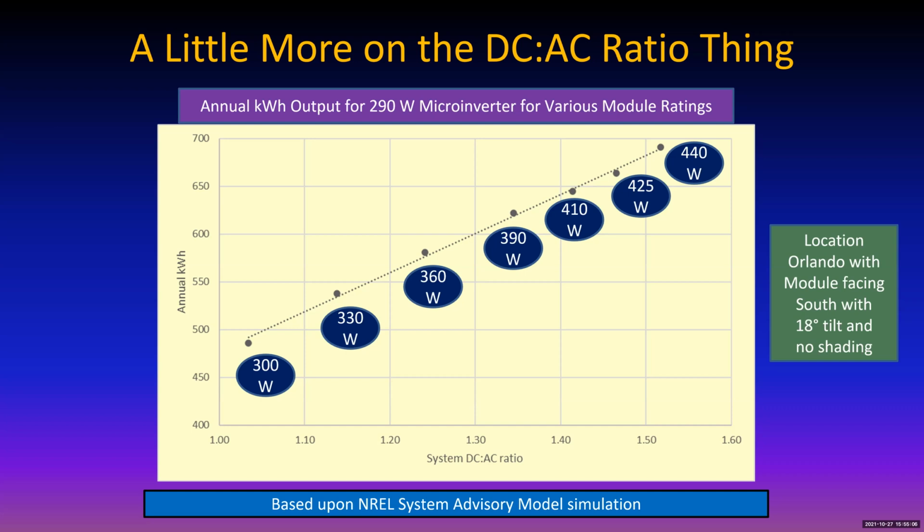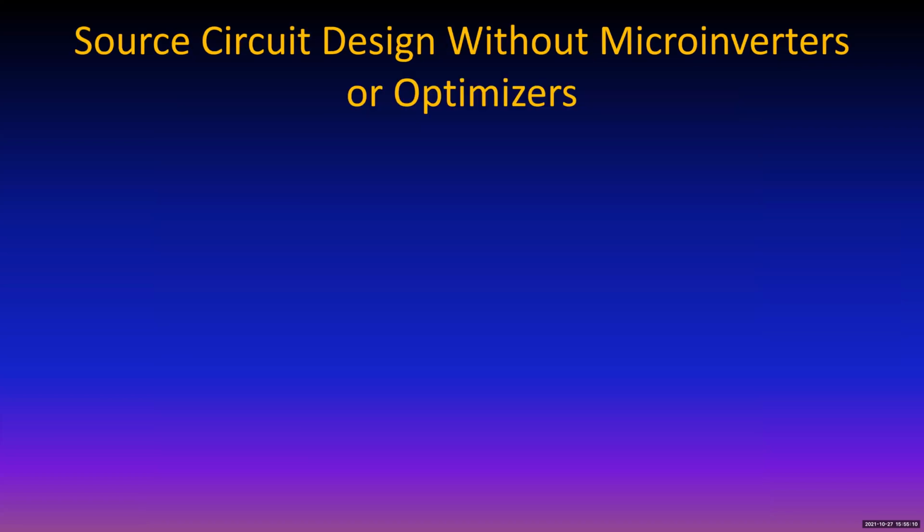So the whole idea is, don't be afraid when they say that. The simulation shows you can simulate for 8,760 hours out of the year, and it shows you where you have more sunlight than you're allowed.